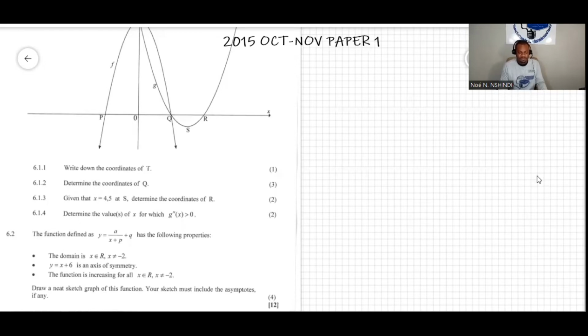The line y equals x plus 6 is an axis of symmetry. And the function is increasing for all x element of R where x is different than -2. Now the question says: draw a neat sketch graph of this function. Your sketch must include the asymptotes, if any.